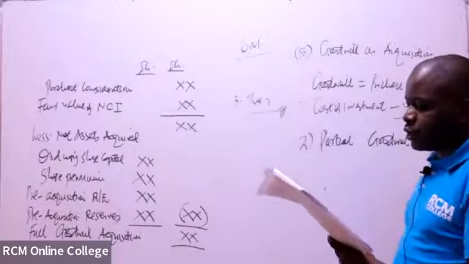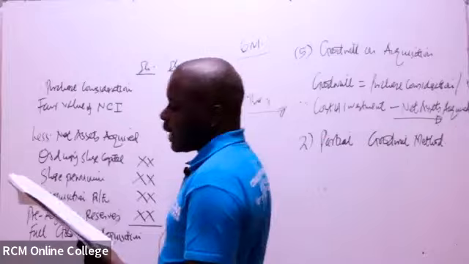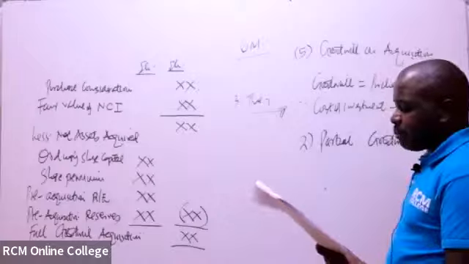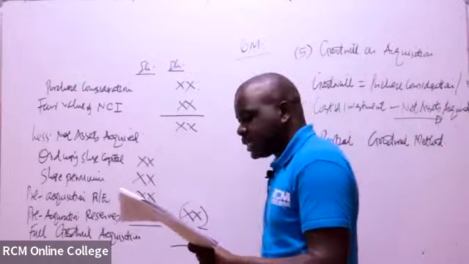Now you need to get used to calling it just NCI. And the NCI is measured at their proportionate share of the fair value of the subsidiary's net assets.